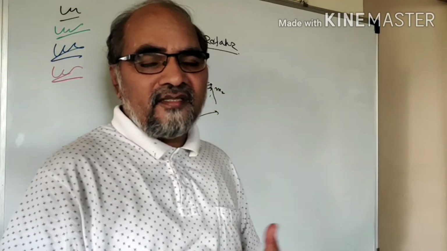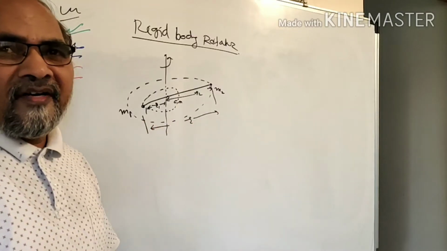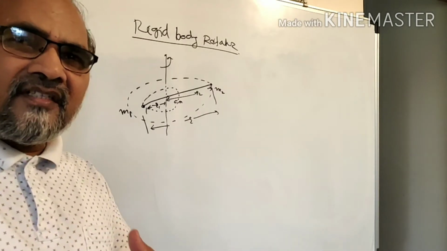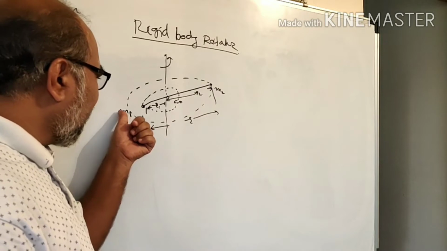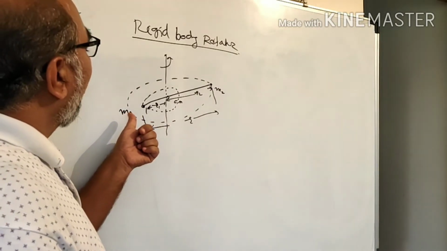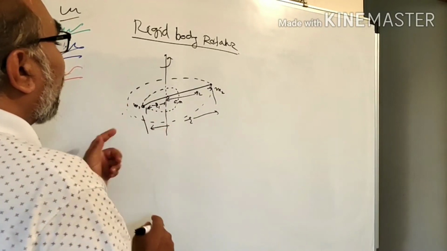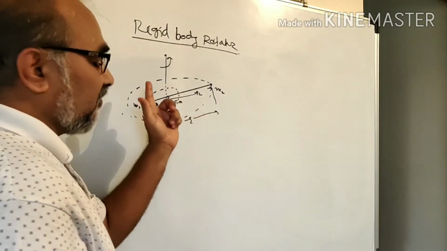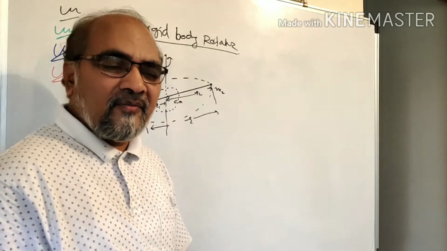In this situation we are going to see what the moment of inertia of one single particle is. Say the moment of inertia when M1 is rotated around this axis of rotation. Then what is the moment of inertia?